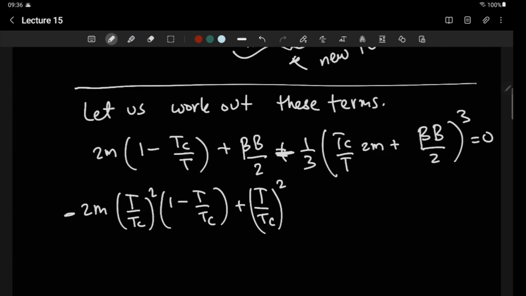What will we get? Oh, there's a 3 also, right?